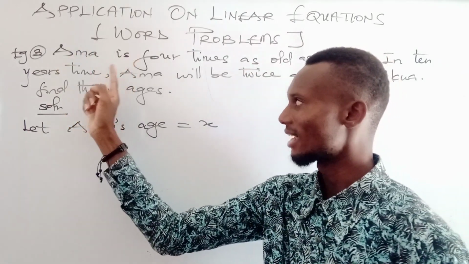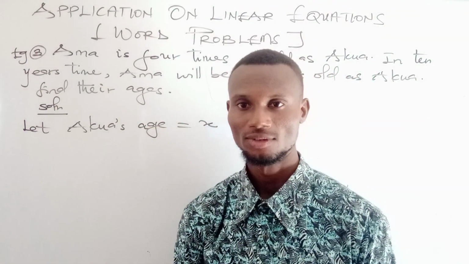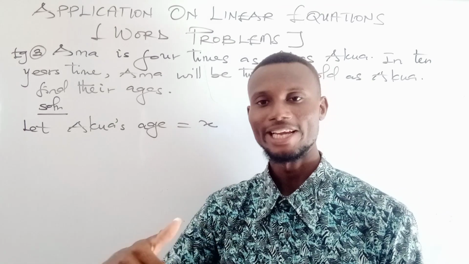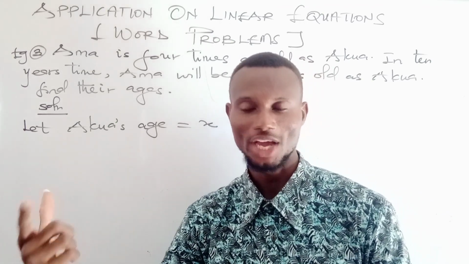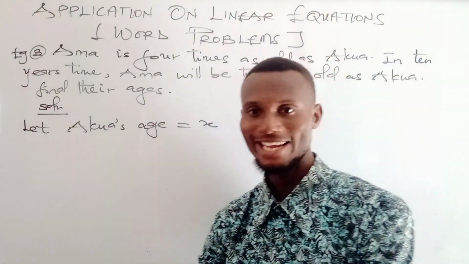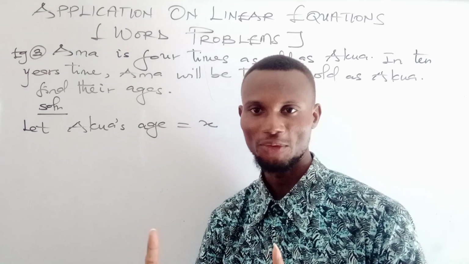The statement says that Amma is 4 times as old as Ikea. So how do we get Amma's age? It says Amma is 4 times as old as Ikea. So it means that when we multiply 4 by Ikea's age, it should give us Amma's age. I hope you agree with me.